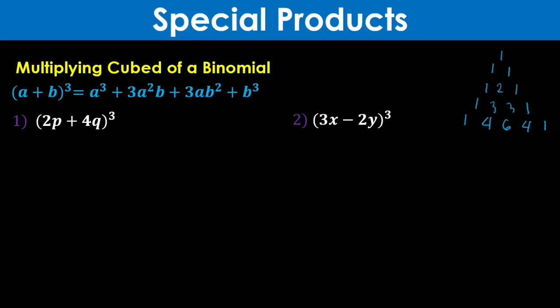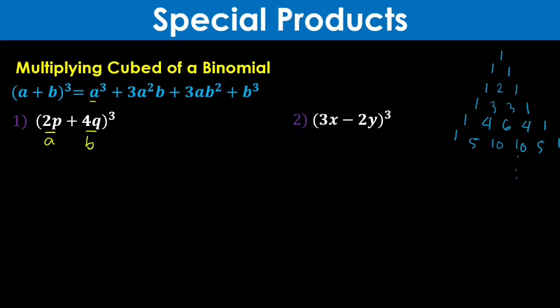And to the fifth, it's going to be 1, 5, 10, 10, 5, 1, and so on and so forth. This is called the Pascal triangle. What we're going to do is simply apply this formula here. And first, we need to identify our A and our B. Our A is 2P and our B is 4Q.